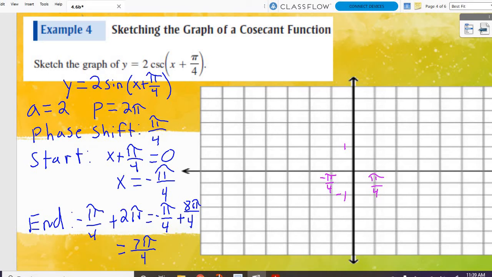Since I'm starting at negative pi over 4, I know I have a 0 there. And we're ending at 7 pi over 4, so that's going to be here. And then we know exactly halfway in between is going to be our other 0. Then remember, halfway in between our first two zeros is normally where our maximum occurs, which is usually at 1, but because we have that A value, it's going to get shifted to 2.